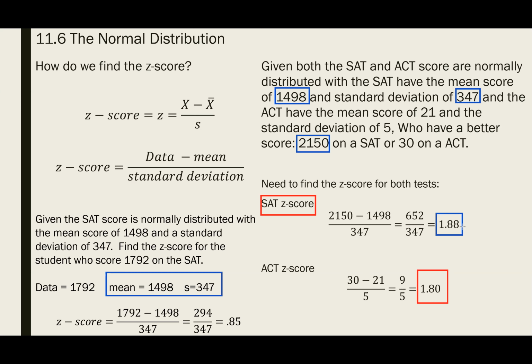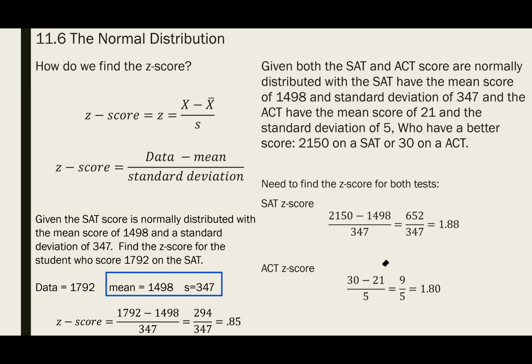So this is why people say you cannot compare apples to oranges. Well, now you can say, yes, we could. If I convert to the z-score for both of them, then I compare, right? There's no way we can compare the ACT to the SAT directly because the score systems are different.